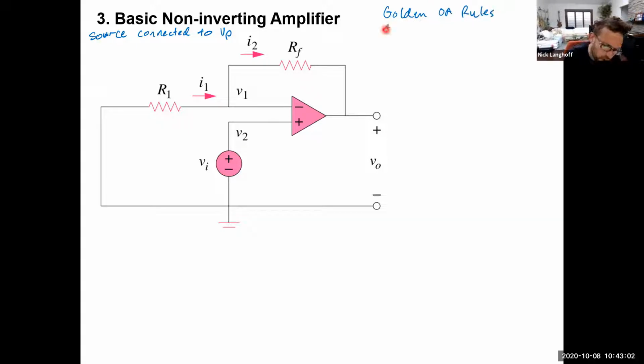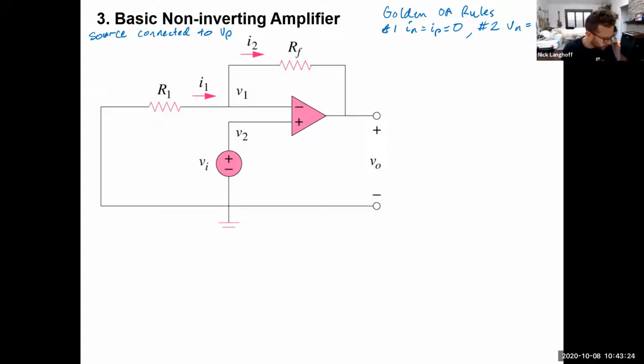Remember, number one is that IN is equal to IP is equal to 0. The input pins draw 0 current. And number two, that the op-amp will do whatever is necessary to force VN equal to VP.